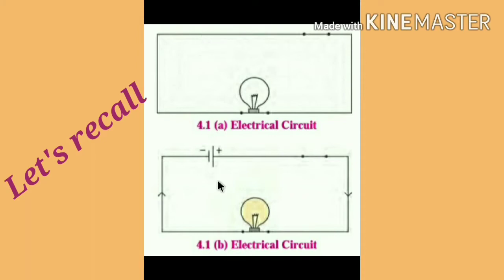So there is no flow of current here and hence the bulb is not glowing. But when we add potential difference here, then the flow of current is seen here and the bulb glows.